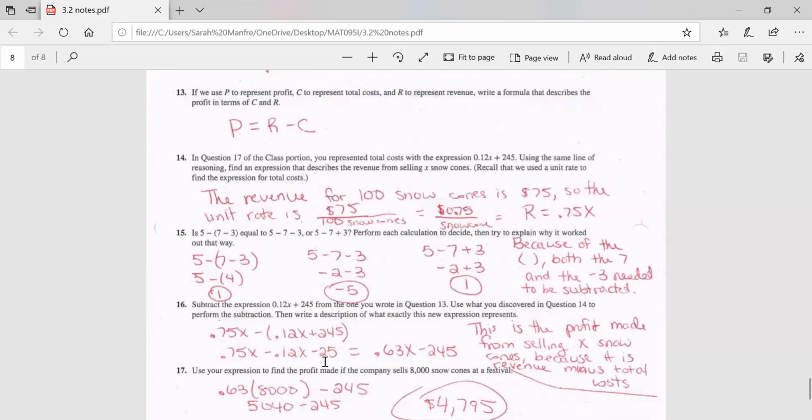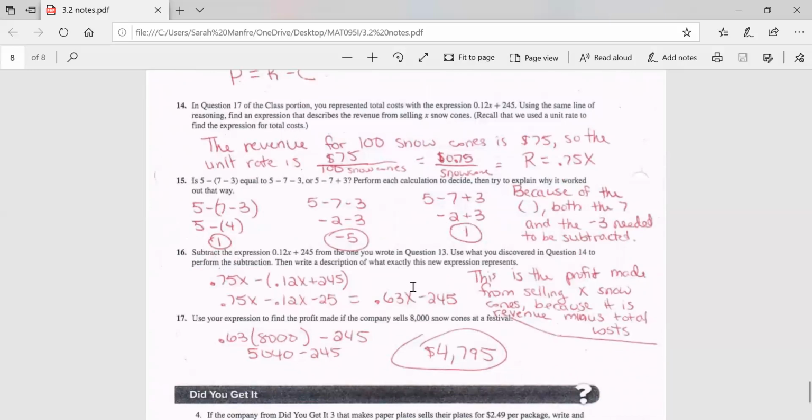That's a mistake on my part. So it's 0.75x minus 0.12x minus 245, because this plus 245 has to be turned negative because I'm subtracting everything in this parenthesis. So it's 0.75x minus 0.12x gives me my 0.63x minus 245. And again, that's not -25, it's -245.